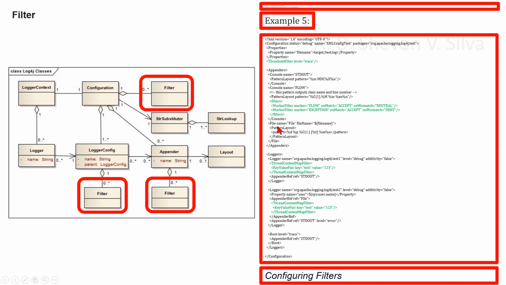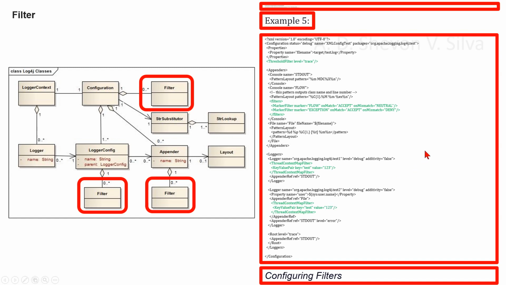And number 4, in an appender reference element, these filters are used to determine if a logger should route the event to an appender.